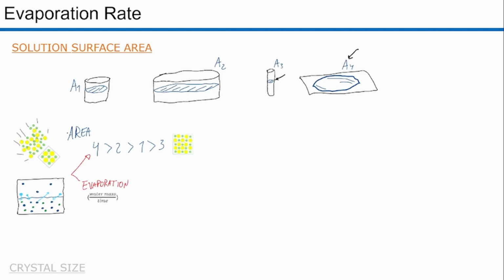Logically, for a same-sized crystal, the faster my evaporation is, the closer I get to that condition where the atoms won't have enough time to arrange themselves properly, while in a condition with a smaller surface area, I'll have a lower evaporation rate, and so the atoms will have more time to arrange themselves properly.